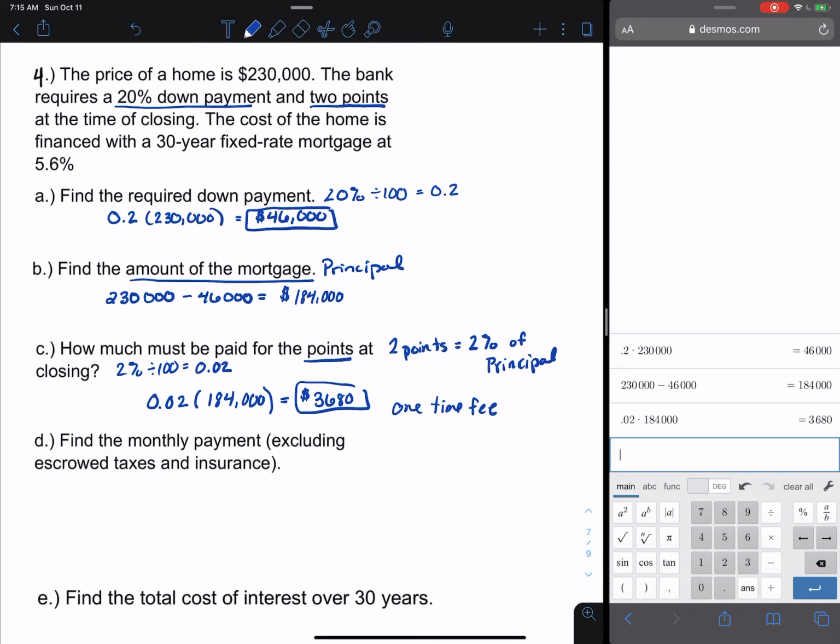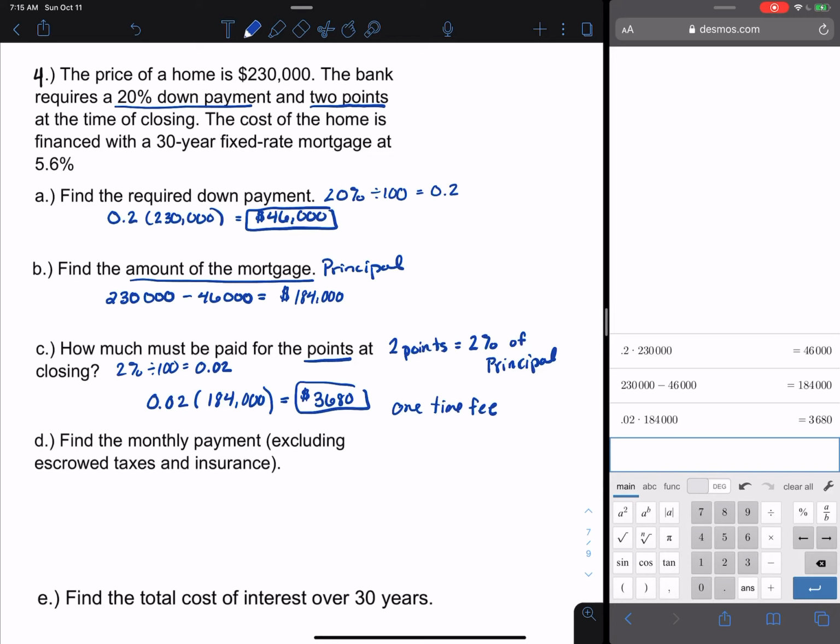So now in Part D, we need to find the monthly payment excluding escrowed taxes and insurance. So in the real world, your mortgage payment typically includes taxes and insurance, but for the purposes of our calculations, we're only focusing on that loan amount.